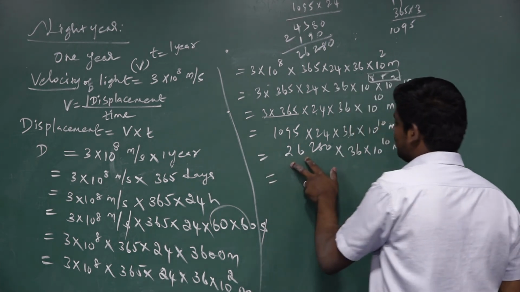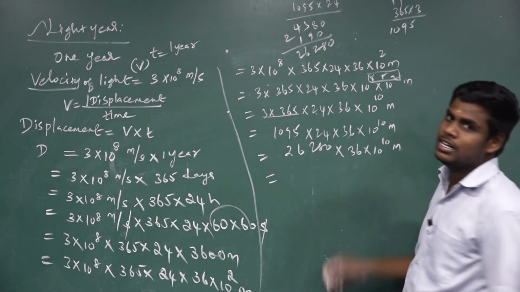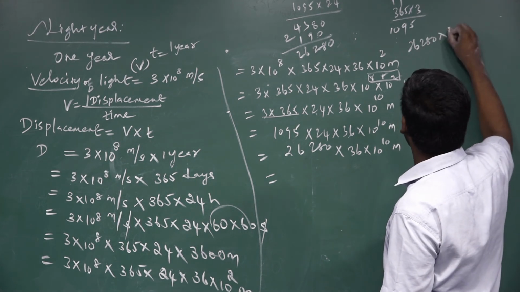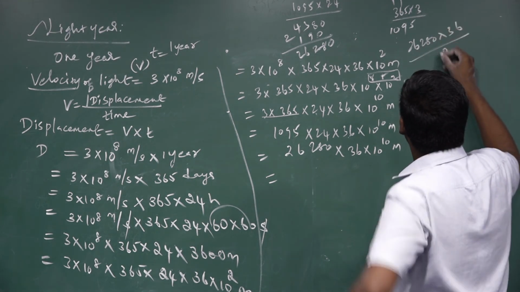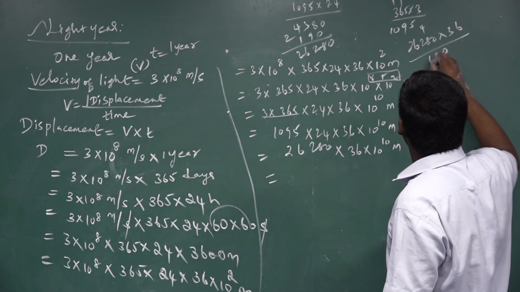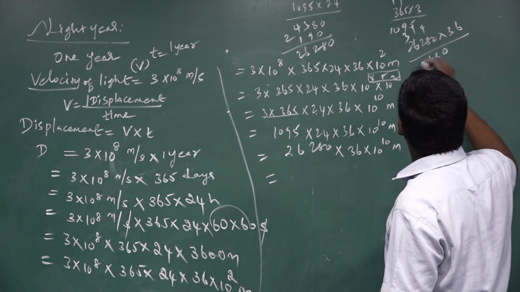After that multiply by 36. So 26,280 multiplied by 36. 0 6s are 0, 8 6s are 48, remaining 4. 2 6s are 12, 16, remaining 1. 2 6s are 12, 13.